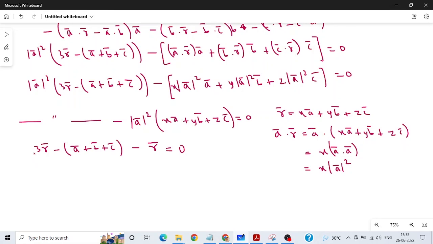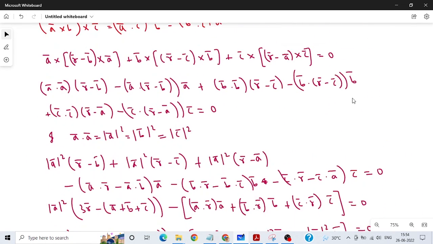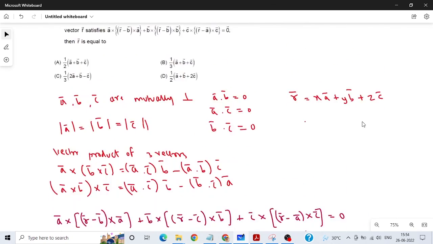Now we have 3r bar minus r bar, so it's going to be 2r bar, and we can send this a bar plus b bar plus c bar to the right hand side. So the value of r bar turns out to be a bar plus b bar plus c bar upon 2.